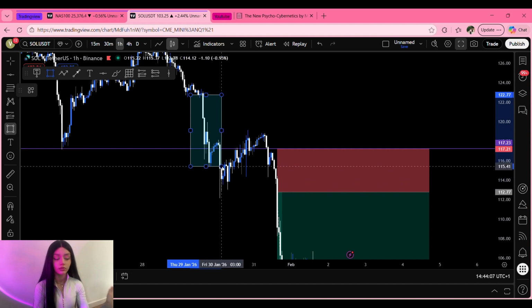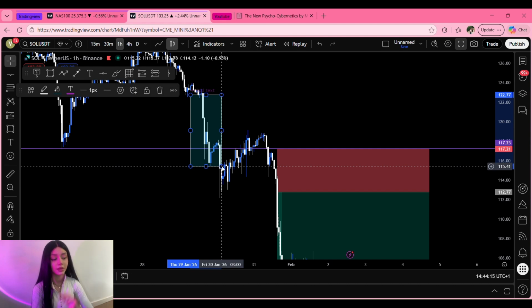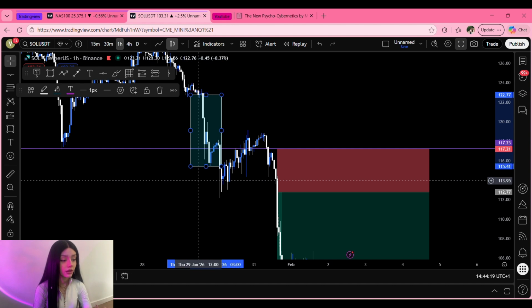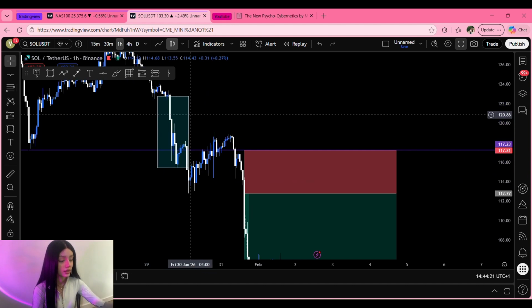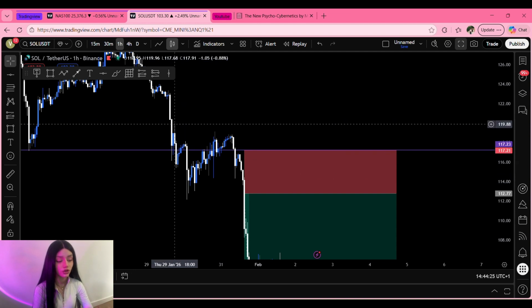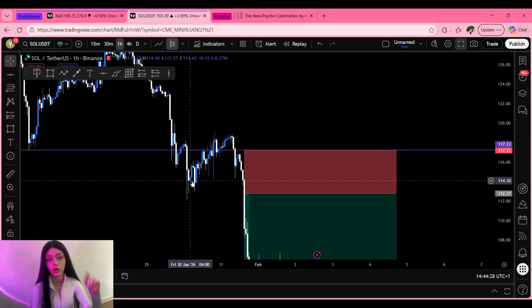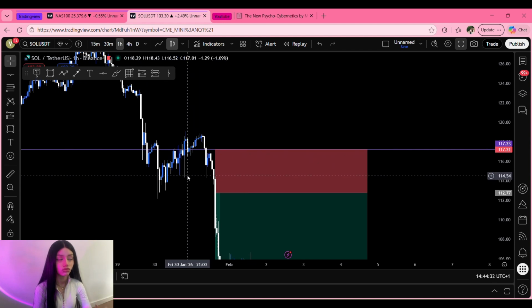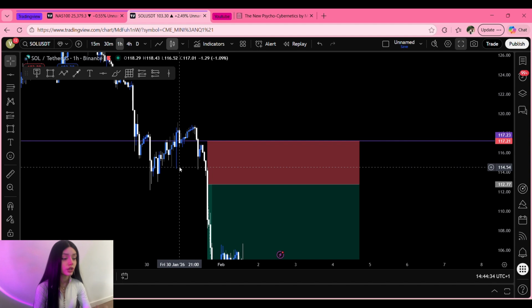We didn't have any significant push back all the way up, so this was one of the indications that made me think we're gonna keep dropping even lower, and we did. Over time we saw the price kept dropping. It again continued the structure to the downside and made a new lower low and lower high. So I was like, okay, maybe we should look for shorts.